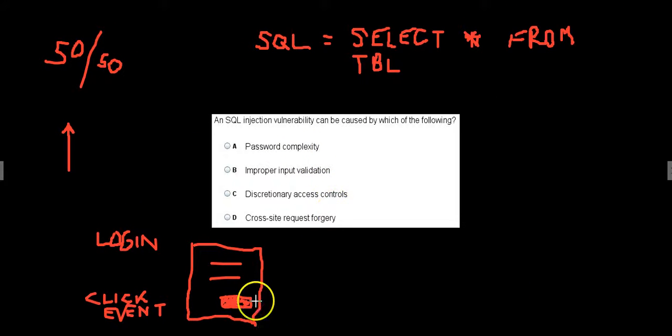So the click event then happens, and behind the scenes it says, hey, go out and make an ODBC or maybe a Java connection, so JDBC. But either way, you're going to make an open database connection to a database of some sort.